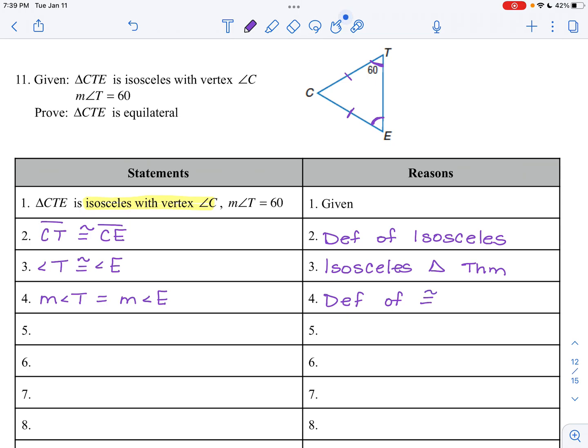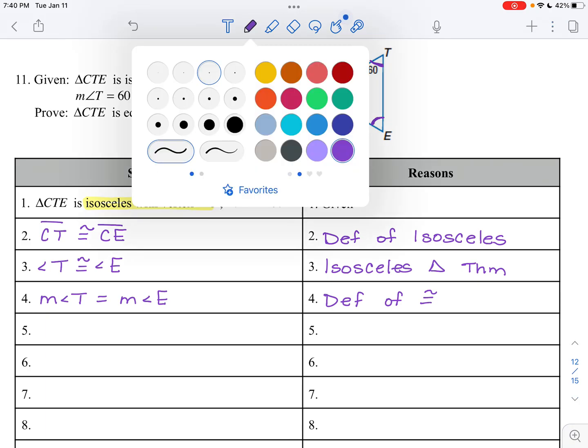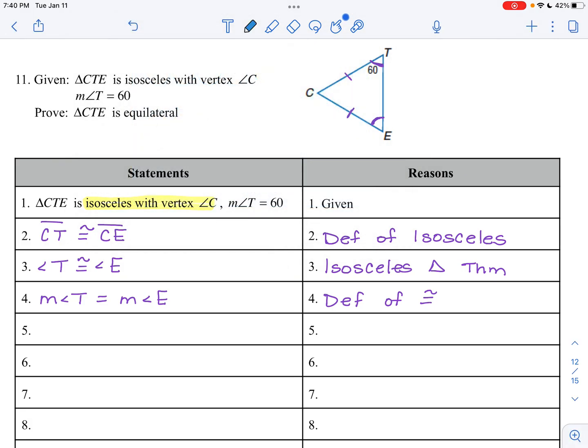I'm changing these into equal measures because I'm anticipating using different algebraic operations on an equation. And this actually is a good time to come up with an equation. We have that angle T and angle E are equal. We also know that angle T is 60 degrees. I need to figure out that the triangle is equilateral, but I know that if I could show the triangle is equiangular, then I could also say it's equilateral.